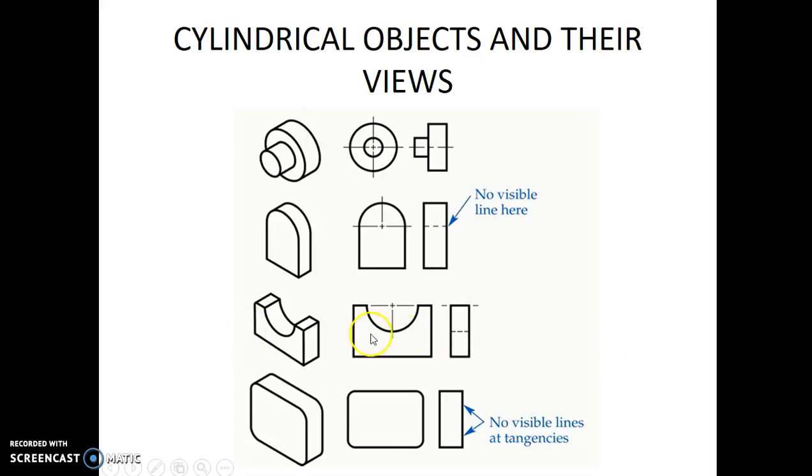We see here another object having a cylindrical inside surface. In this we see a cylindrical part merging with the vertical surface. Similarly, horizontal surface is also merging with the cylindrical surface here at the corner. Point to be noted here is that at the points of tangency, there are no lines in the view.